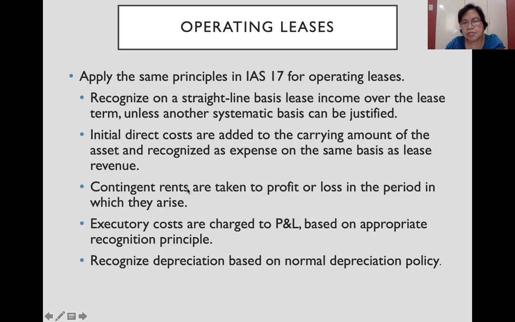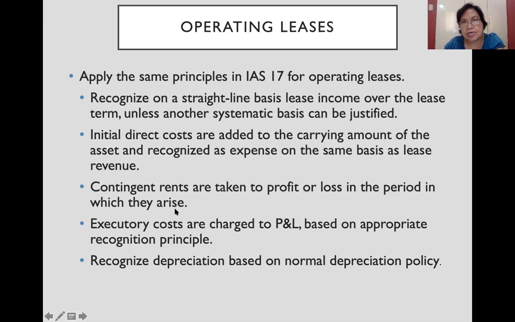Third, contingent rents are taken to profit or loss in the period in which they arise. So contingent rents are those variable rental collection that are not fixed, but they are based on some variable such as revenue that is earned by the lessee because of the use of the lease asset or usage by the lessee of the asset.